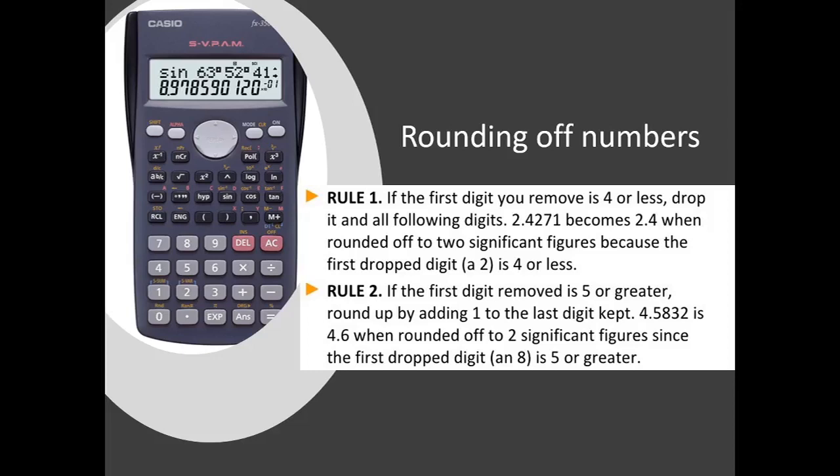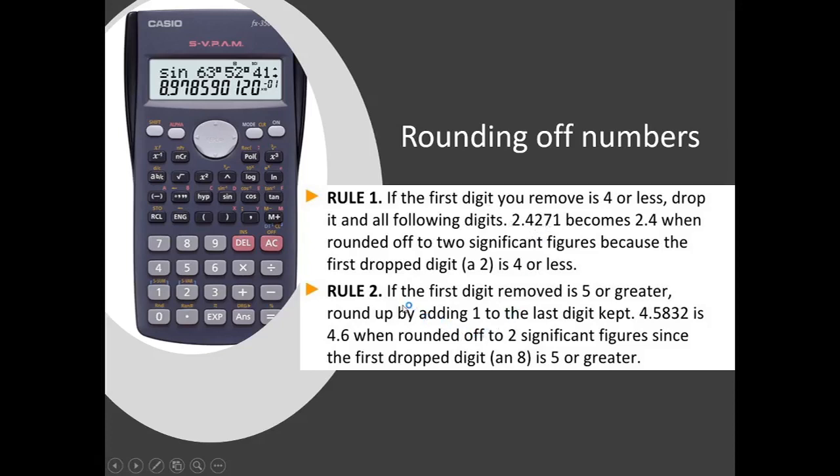For example, consider the number 2.4271, which becomes 2.4 when rounded off to two significant figures because the first dropped digit is 4 or less. Here the first dropped digit is 2.